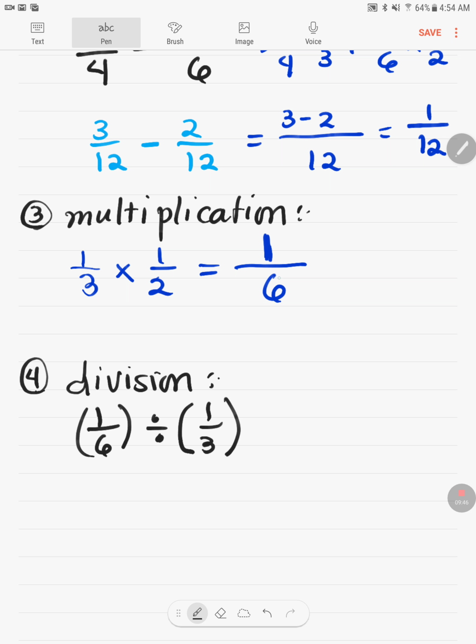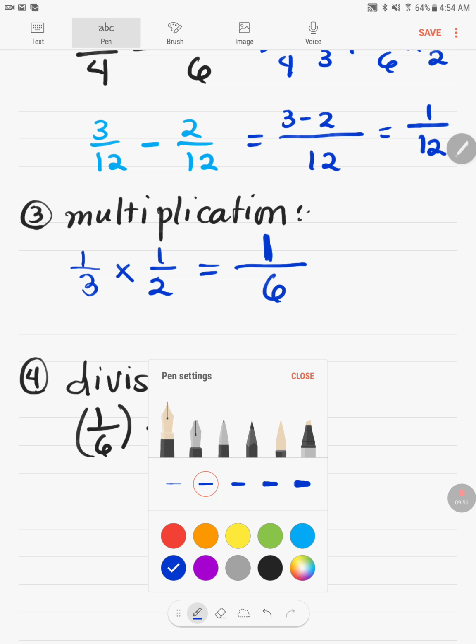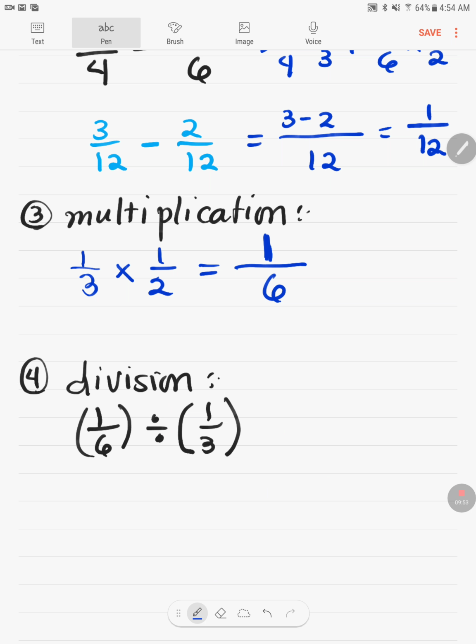Basically, yep, we should get 1/2. So how can we do this problem?